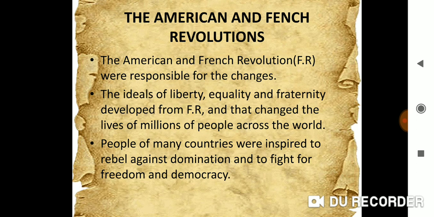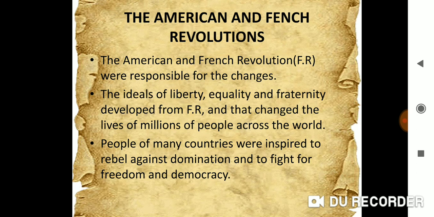So through this ideology, the idea of liberty, equality and fraternity, people of many countries were inspired. Indians were also inspired. Raja Ram Mohan Roy, I think all of you have heard the name. Raja Ram Mohan Roy was very much inspired by the ideology of the French Revolution.